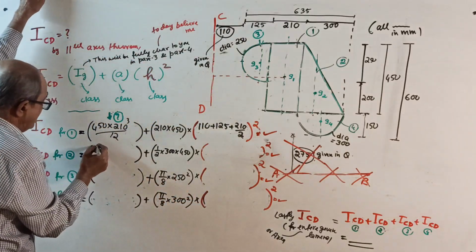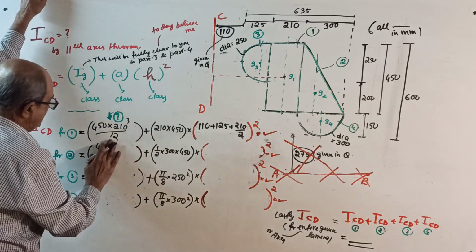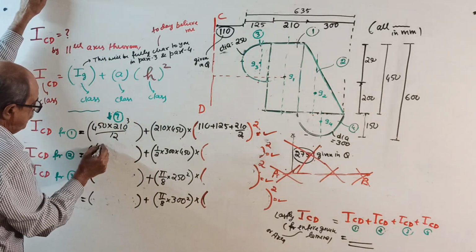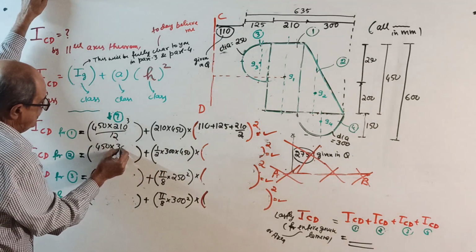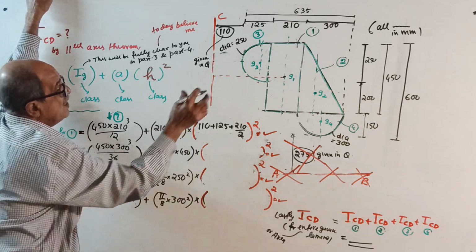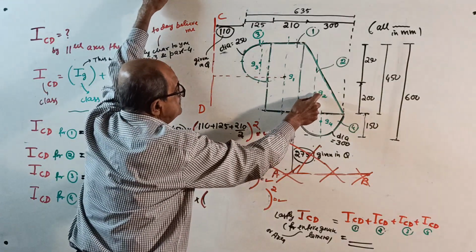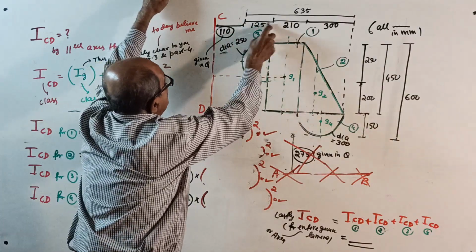This will be clear for you later. 450 into 300. Don't calculate. 300 cube by 36 plus area of that component into this distance square.